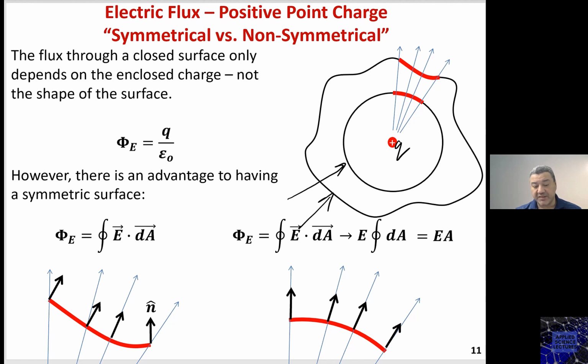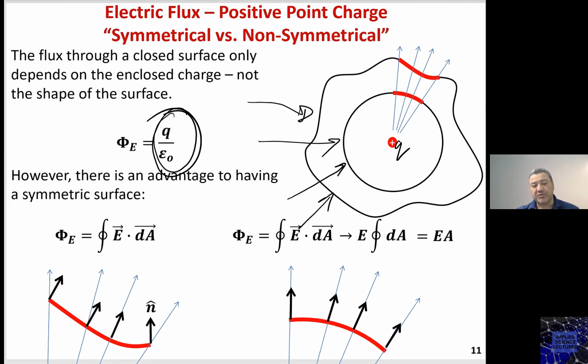What matters is the net charge enclosed within that closed surface. So here I have a sphere. It has a flux of q over epsilon naught, and the outer arbitrary closed surface also has the same q over epsilon naught.